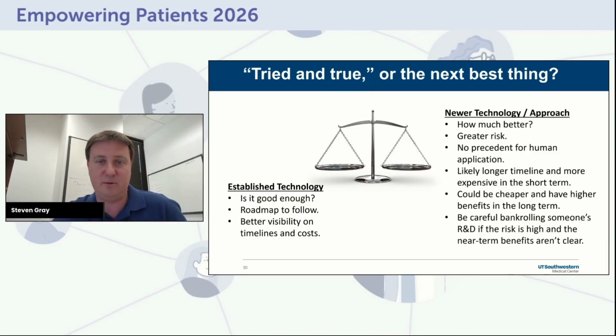As a patient advocacy group, be careful of bankrolling somebody's research and development if the risk is high and this is very early stage, because scientists can come up with all kinds of good ideas and promising early data on new technology. But if it's a long way from going from a lab result to going into a human, and that isn't really well thought out, then you can just spend forever in that R&D stage.